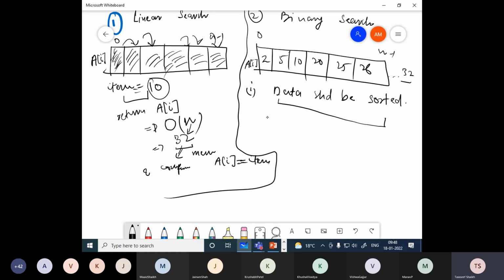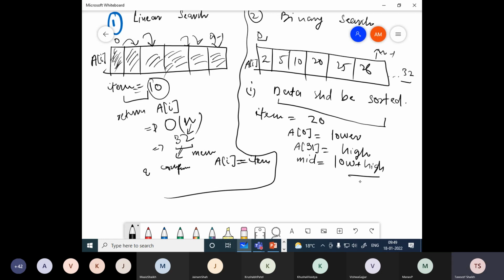Now we have to find the item equal to 20. The first element of this array, a of 0, we assume to be low. We assign a variable to it. And the last one, which is a of 31 at this time, we take as high. Then we find a median, which we call the midpoint. The midpoint becomes low plus high divided by 2.